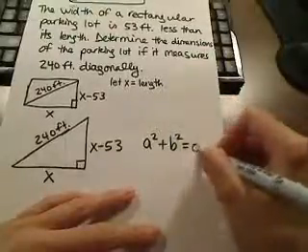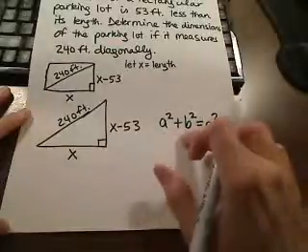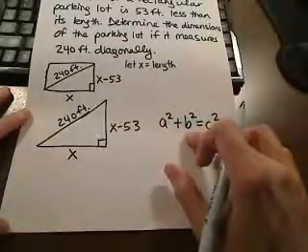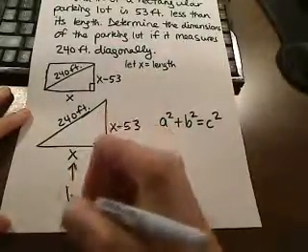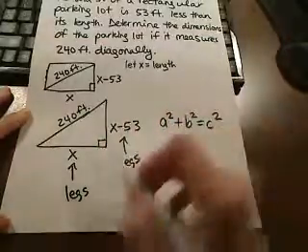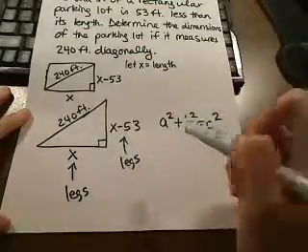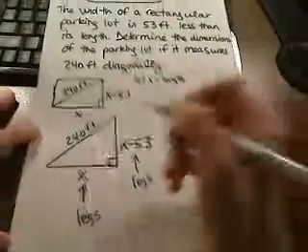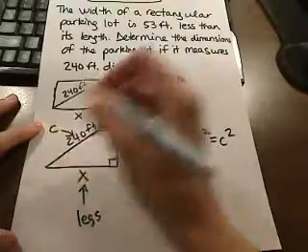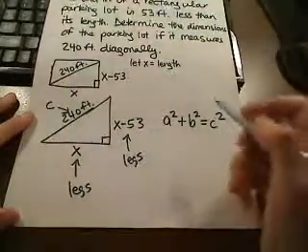And that theorem here, a squared plus b squared is equal to c squared. A and b are the legs of the triangle, and the legs here are the two sides that come and join this right angle. And then the c is our hypotenuse, and the hypotenuse is always directly across from the right angle there.